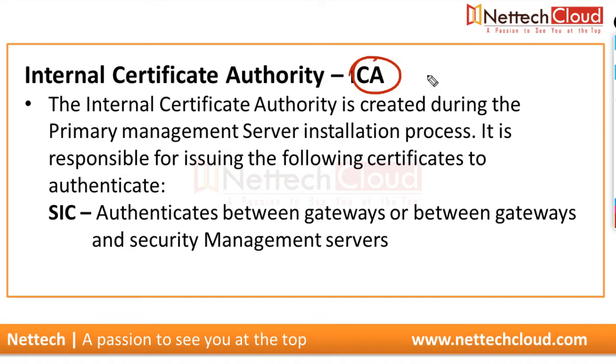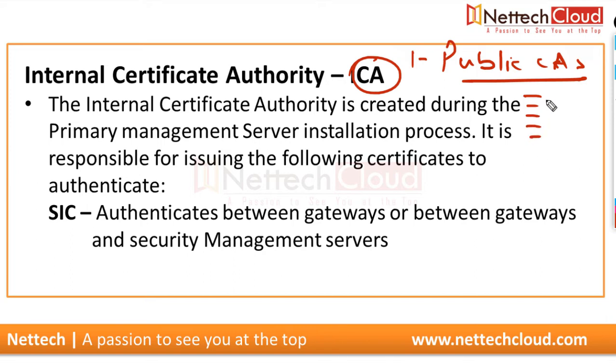And there are different types of certificate authorities. For example, you must be aware of the public certificate authorities, public CAs like VeriSign, GoDaddy, Comodo or Symantec, DigiCert. They all are public certificate authorities. The next one is the enterprise certificate authority, either root or subordinate, like a private CA sort of thing.